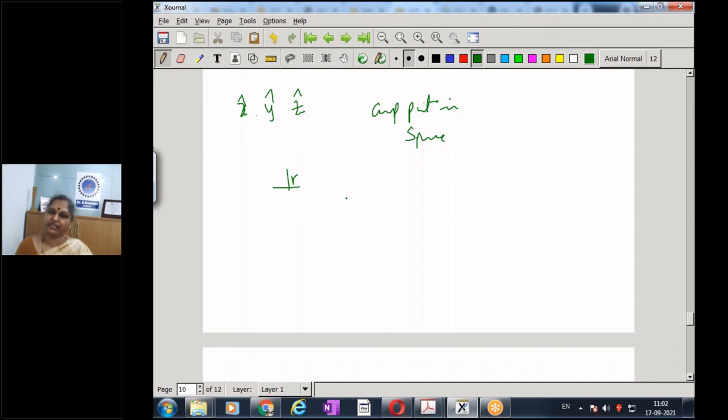The dot product between any two of them is 0. So x dot y equals y dot z equals x dot z, and this is all 0. They are all perpendicular to each other.